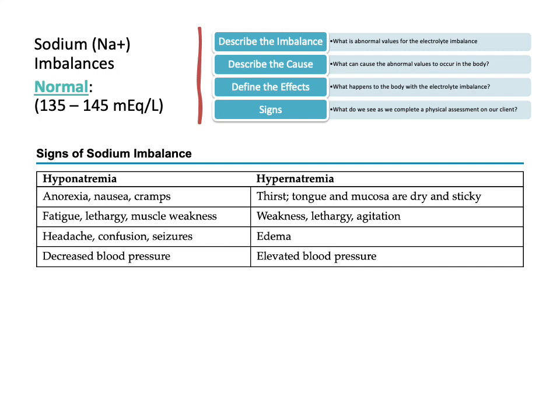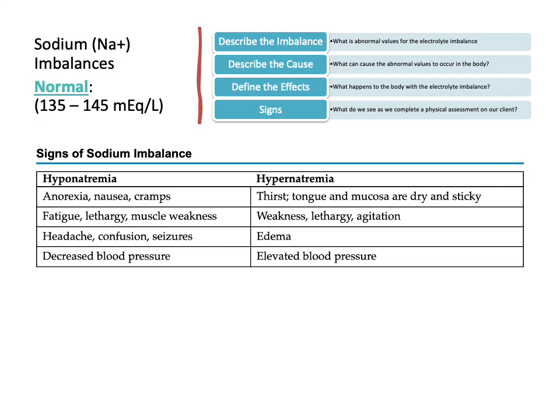And also, you can have hypernatremia as it's associated with insufficient antidiuretic hormone, which means that you are having dilute urine, and that means that you're keeping in the sodium levels and the water is leaving in the urine. That's called diabetes insipidus, but we'll talk about that in a later lecture.